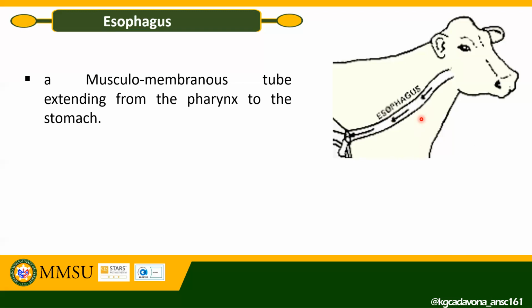So after na makapag-ingest ng food yung animal, dadaan siya sa esophagus, and then mapupunta siya sa stomach ng animal, and then after that from the rumen and then the reticulum, babalik ulit siya. Okay, so dadaan ulit na naman yung partially digested na feed particles into the esophagus back to the mouth, and then ulit babalik na naman papunta sa other compartments ng stomach ng animal. Okay, so yun yung rumination process, of which I will discuss more clearly later on as my discussion progresses.